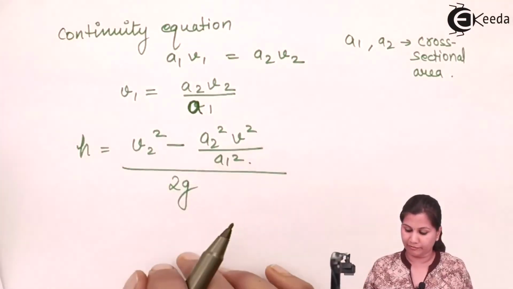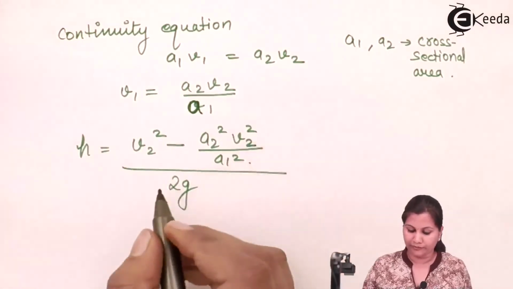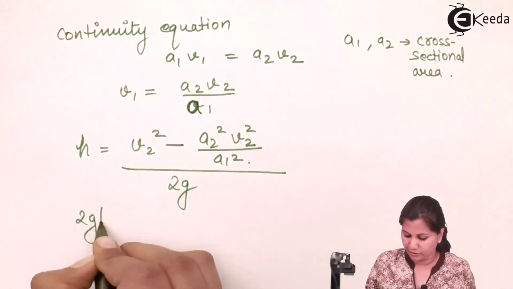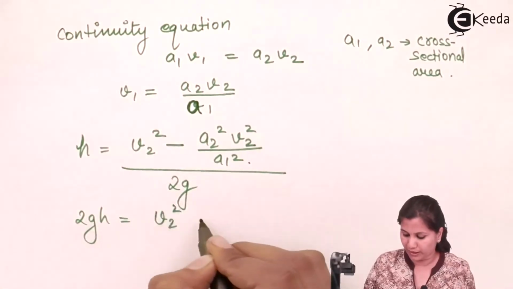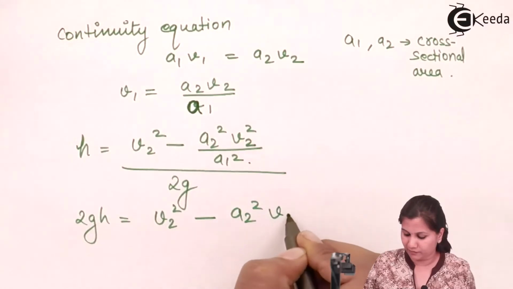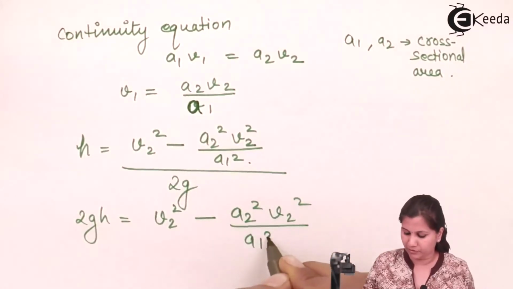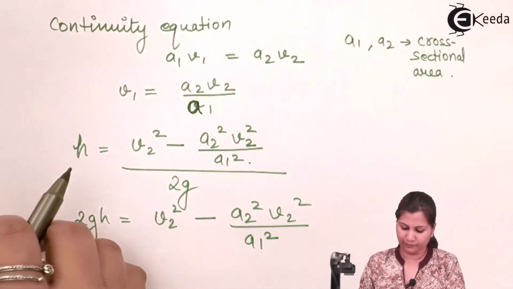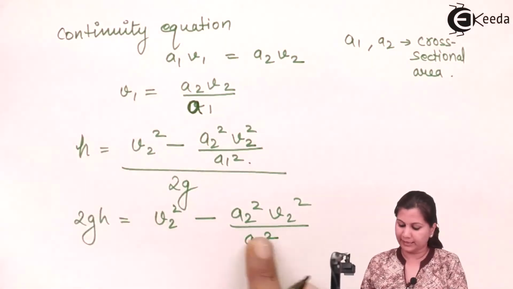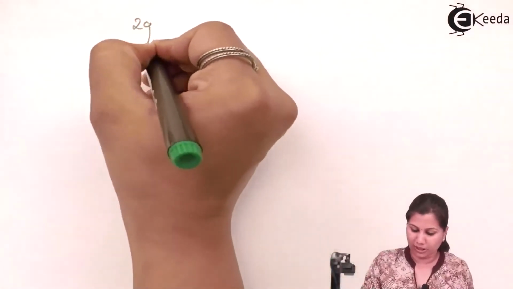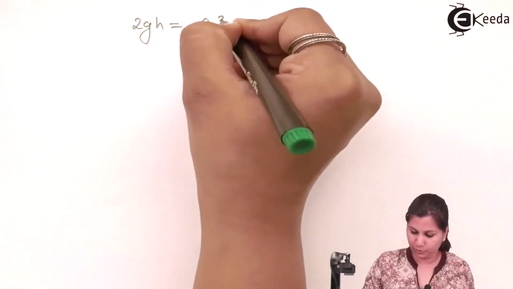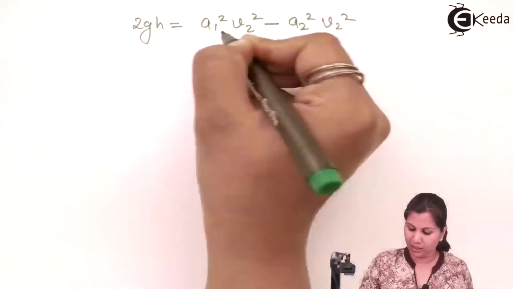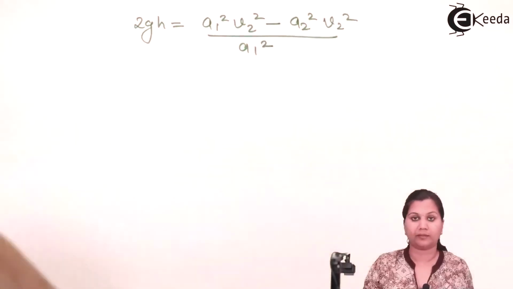So from here, if we get the value of V2, it will be 2GH equals V2 square minus A2 square V2 square upon A1 square. Let's take the LCM on this side. So 2GH is equal to (A1 square V2 square minus A2 square V2 square) upon A1 square.